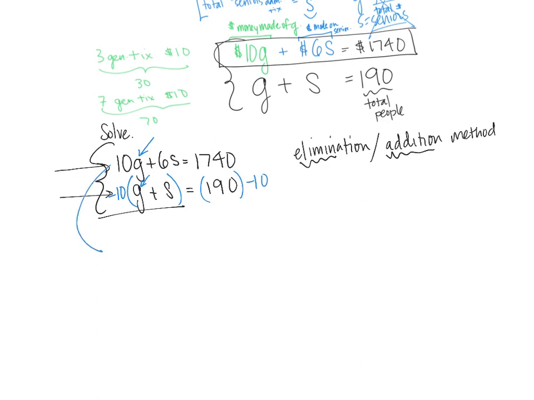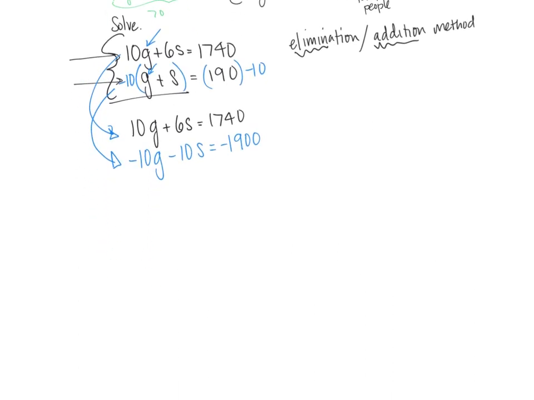And so what happens, the first equation I didn't do anything to. It's still 10G plus 6S equals 1740. But I'm going to take the second equation and rewrite that as negative 10G minus 10S equals negative 1900.